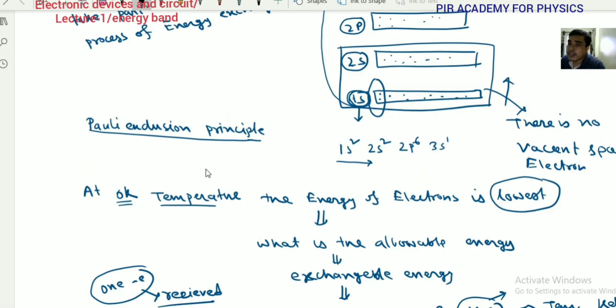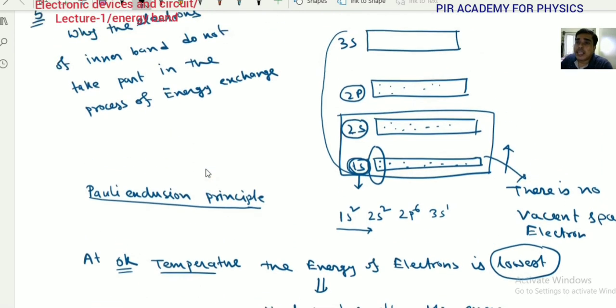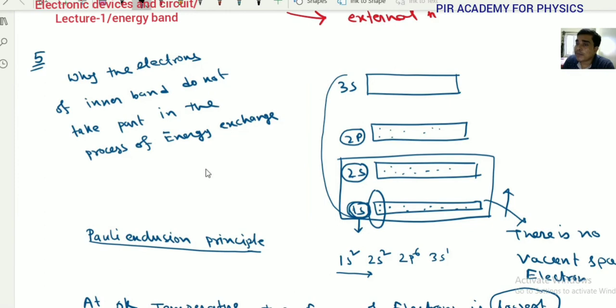Okay, do you understand? Now in case of 2p, there is a vacant space in 3s, and for the electrons of 3s, there is a vacant space, like this is the 3p energy level.